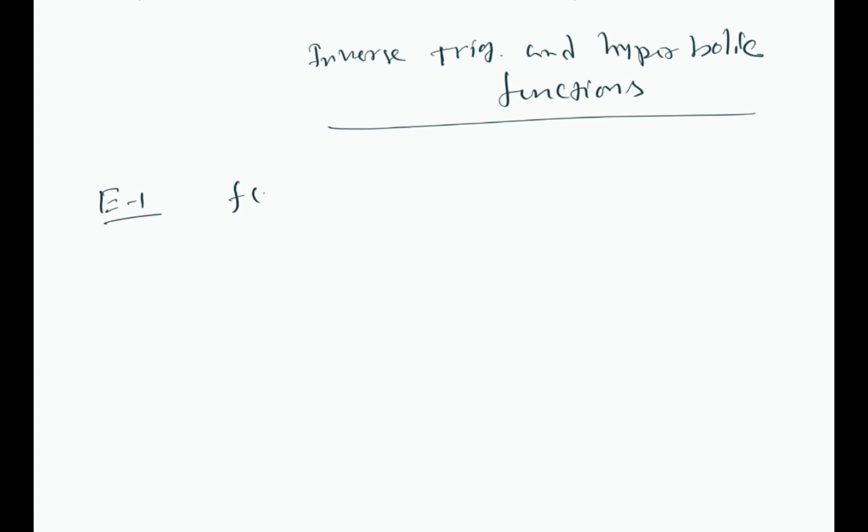For example 1, we have a function f of x equal to inverse sine of 2x. Here our inner function is g of x equal to 2x, and our outer function, which is the original function, is inverse sine of 2x, right?